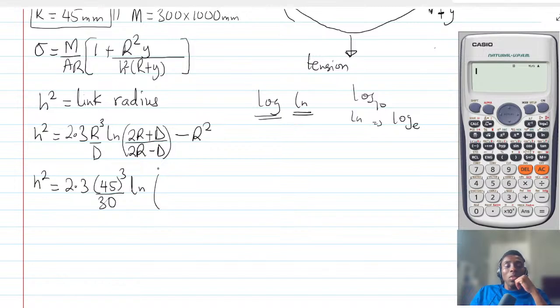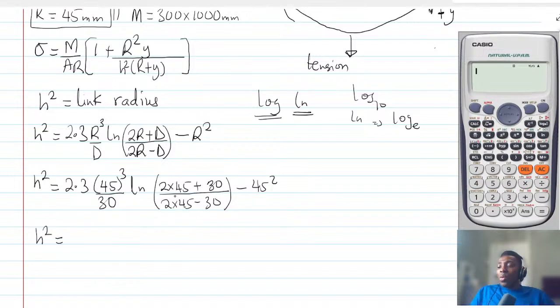Okay. So 2 times the radius of curvature, which is 45, plus the depth, which is 30, divided by 2 times the radius of curvature minus the depth, which is 30, and then minus the radius of curvature squared, so 45 squared. So now h squared will be, let's calculate this together.